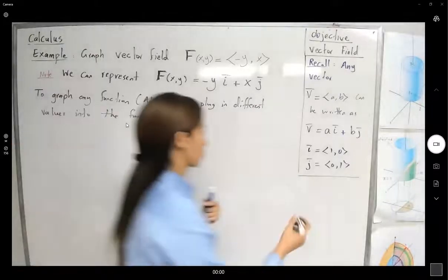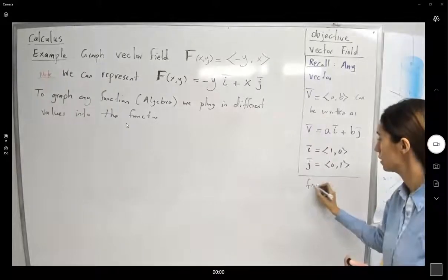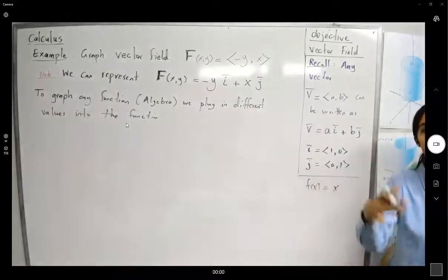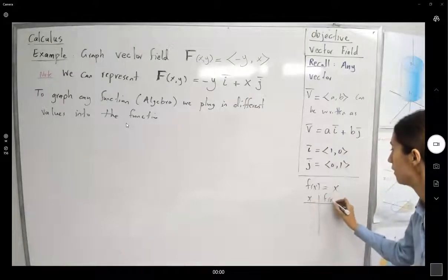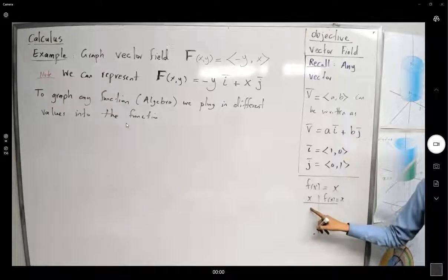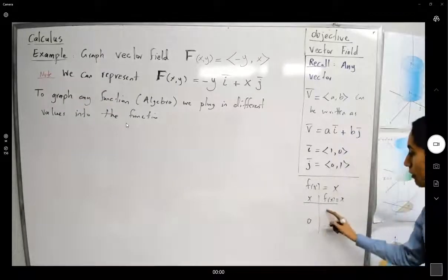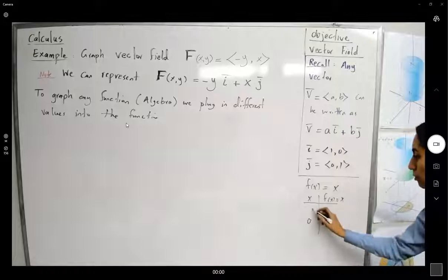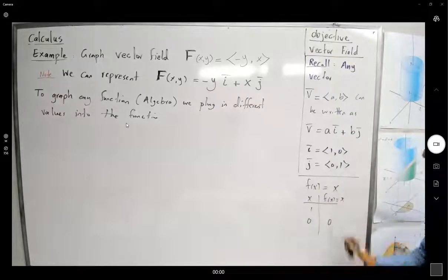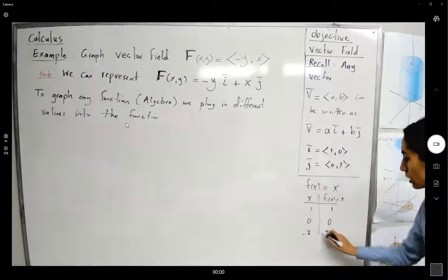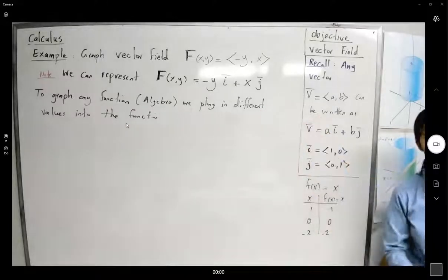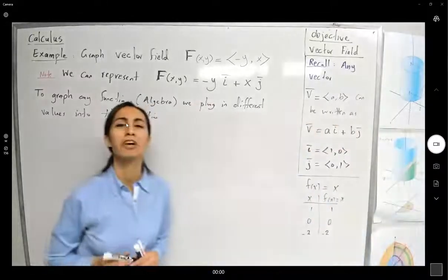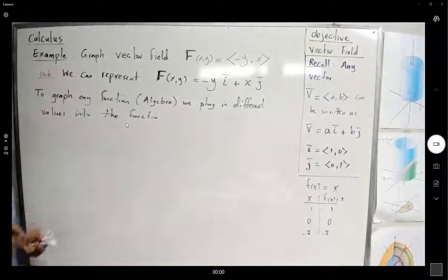Remember that if you have a function f of x equals, I don't know, x, you use a table: I have x and I have some y values equal to x. I plug in, for example, 0 for x, then f of x, or the y value, is 0. Then I plug in 1 for x, my y value is 1. I plug in 2 for x, my y value is 2, and so on, negative 2, negative 2. Point plotting. We're going to do the same thing when it comes to vector fields. The exact same process.